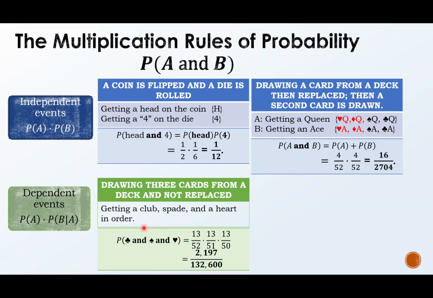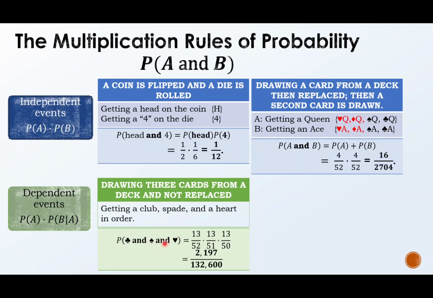So, the probability that you will get a club and spade and heart is, for the first card, okay, we have 13 out of 52 kasi there are 13 clubs, right? But on the second card, since nabunot na natin yung unang card at hindi natin binalik, we will only have 51 options left. But 13 pa rin ang numerator kasi wala namang common between club and spade. We do multiplication kasi sabi dito, and.